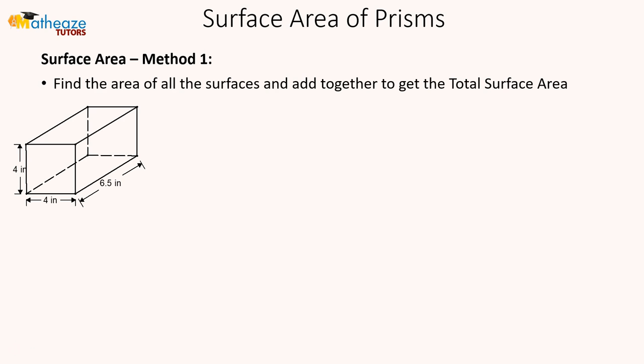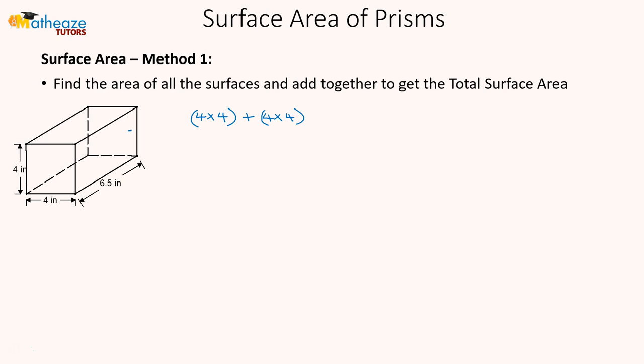This surface here is a square, so the area of a square is 4 times 4. We also have a similar surface opposite it, and that is also 4 times 4.